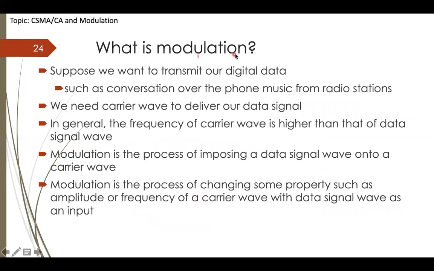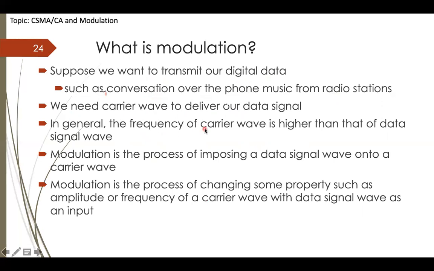Now, what is modulation? Because this is the most important topic, what modulation is. Suppose we want to transmit our digital signal over a channel, such as conversation over the phone, or music from radio stations. We need a carrier wave to deliver our digital signal or data.